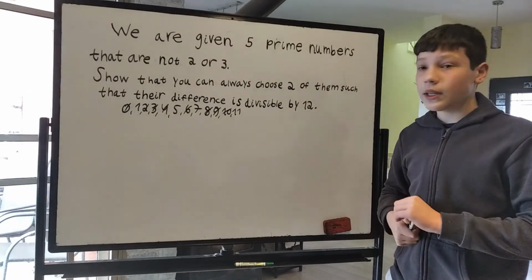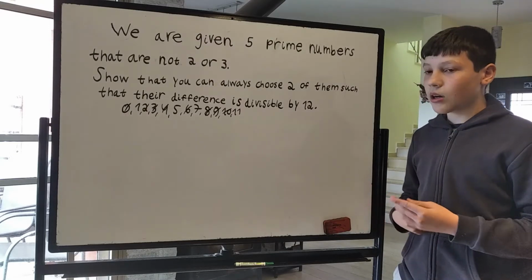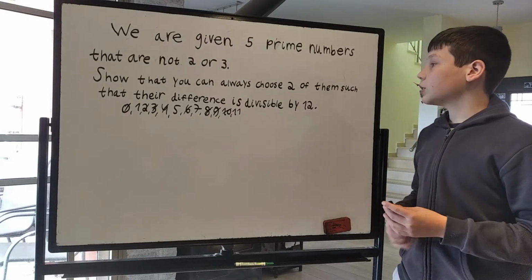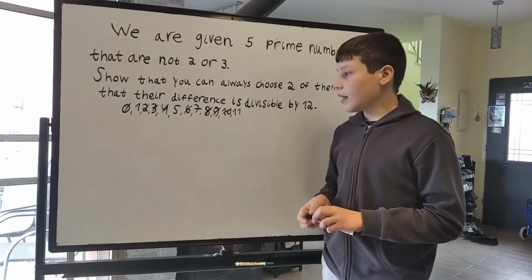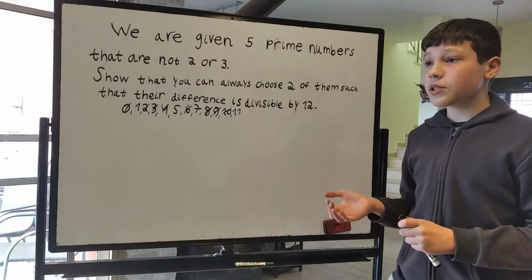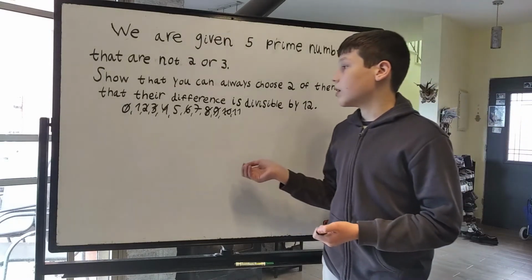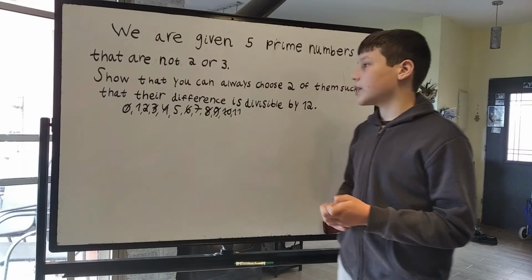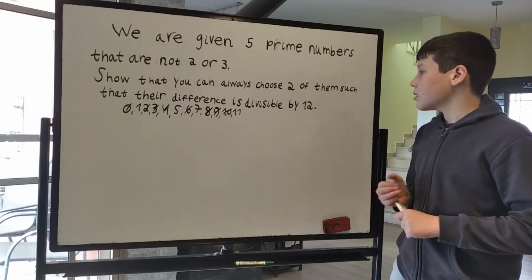And now we need to show that we can always choose 2 of them, such that their difference is divisible by 12. And this will work for prime numbers too, because all prime numbers are congruent to one of these 4, except 2 and 3, but we're not talking about those.